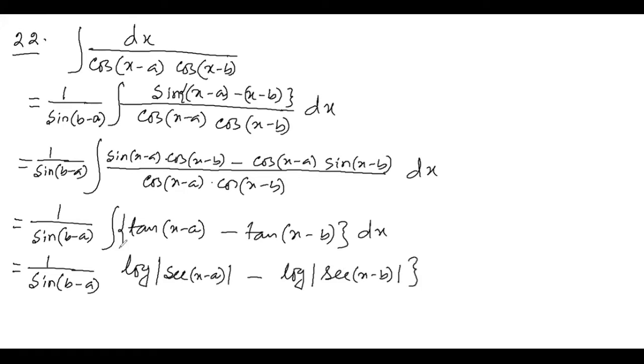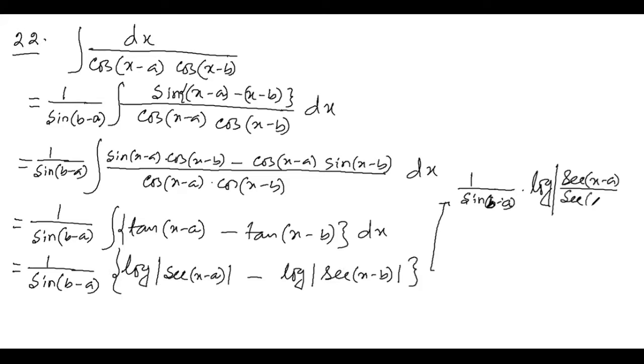You can write it as 1 by sine of b minus a into log mod sec of x minus a by sec of x minus b, using the property of logarithm, plus c. Obviously plus c. Don't forget to write this plus c.